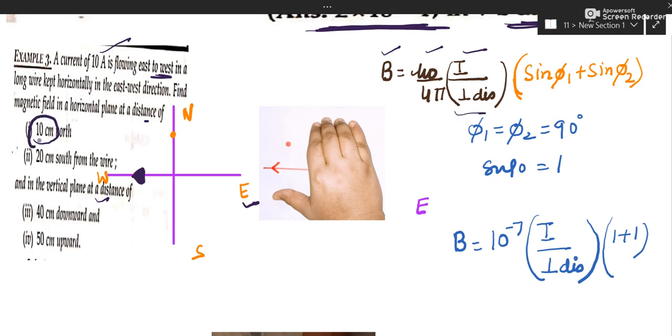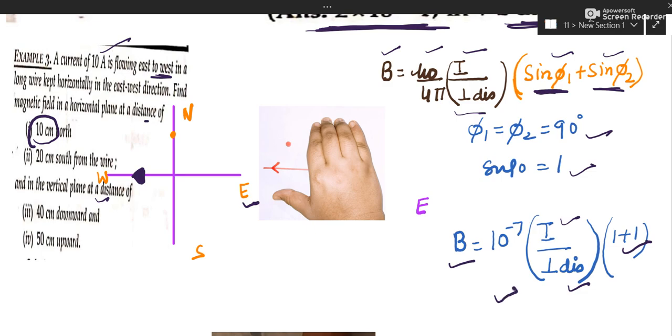Because it is a long wire, sin phi 1 and phi 2 will be sin 90 and sin 90, and sin 90 is 1. So 1 plus 1 will be 2. So we will do this question by this formula, not by the formula of Biot-Savart's law, because length of the current element is missing here. So current is given, perpendicular distance is given. You can find out the magnetic field.